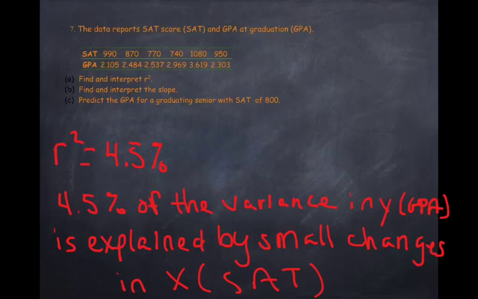And so remember, R squared is always going to be the percent of the variance, the error that was taken into account in our model from our Y, and it's explained by any small changes that happen in our X.